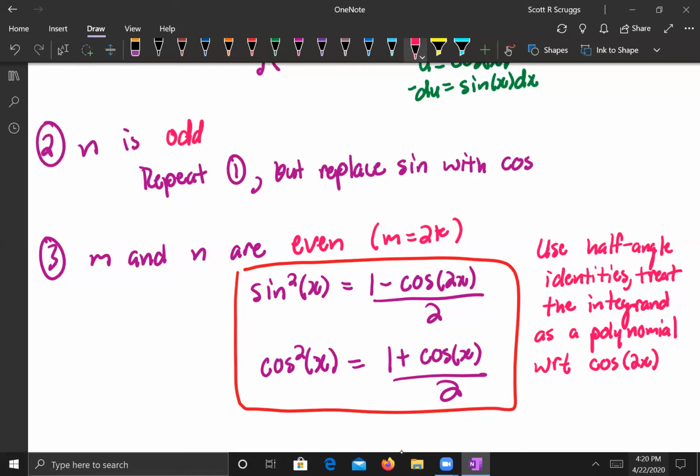So when you have this product, what I mean by treat as a polynomial is, if I need to FOIL, I can FOIL properly. If I need to factor, I can factor as well, like a polynomial. Method 3 is the least common of the trig integrals with sine and cosine, but just in case you do see it, I want to make sure we talked about it.